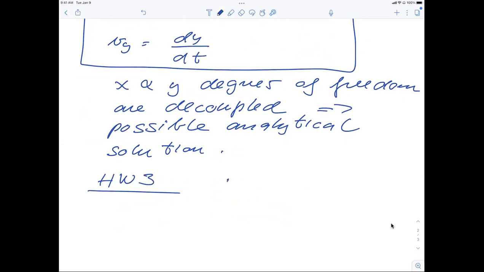Now, on the other hand, and this is another digression, in homework number 3, what we have is that F of D is given by a constant times the velocity times the absolute value of the velocity. In 2 dimensions, this is going to give us an equation which cannot be solved analytically. And you will see why.